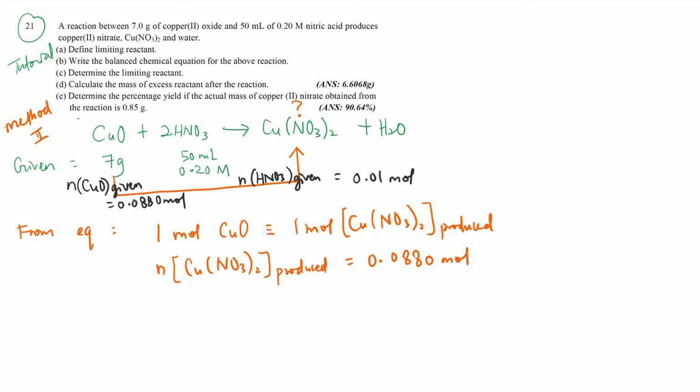Then we compare with the other reactant. From the equation, 2 mole of nitric acid produces 1 mole of copper 2 nitrate.